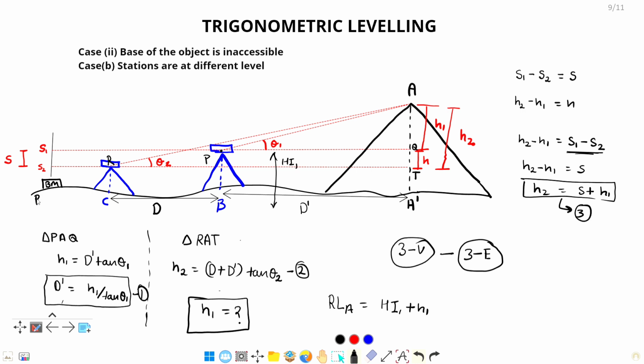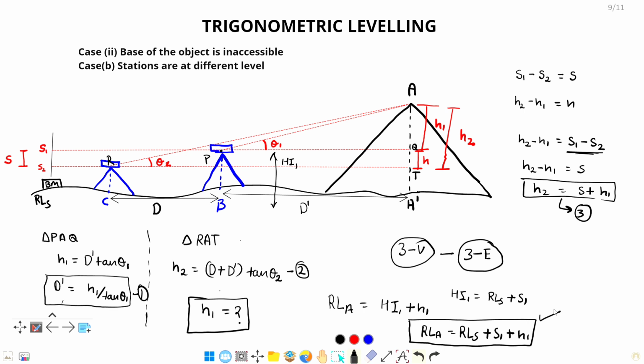If RL of benchmark is RLS, then HI1 will be RLS plus S1. So finally RL of A will become RLS plus S1 plus H1. So in this way you can calculate the RL of point A.